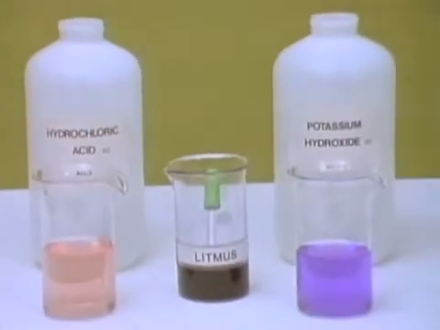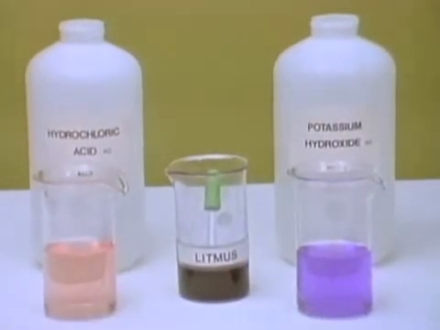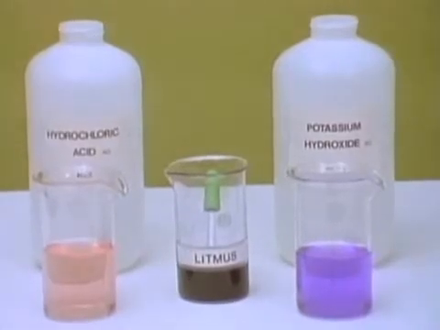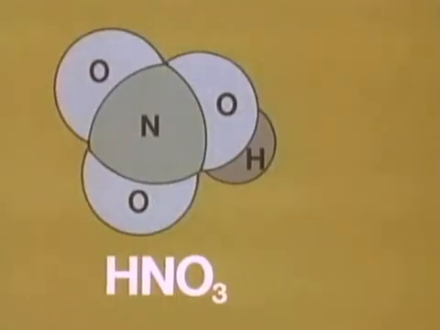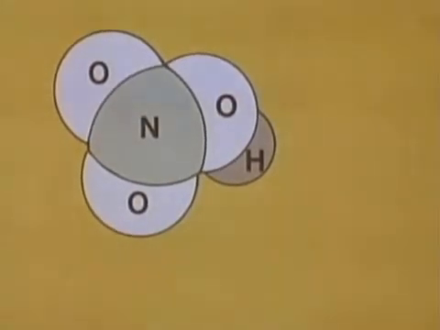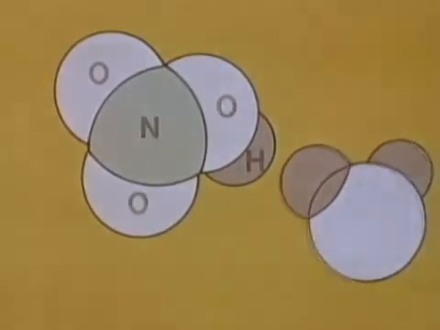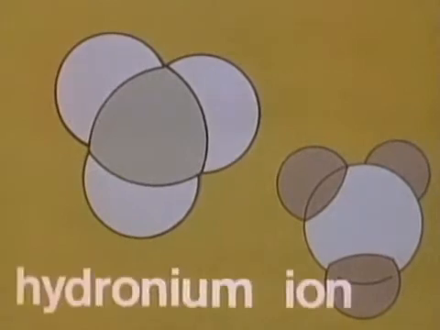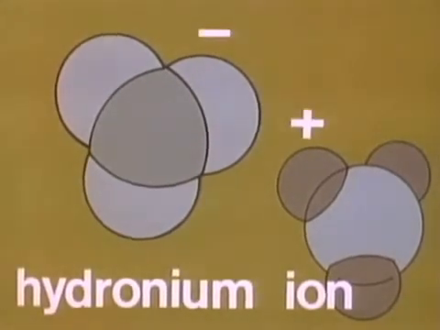Underlying this effect on indicators is an ionic difference between acids and bases when they're in solution. Most acids contain hydrogen. We can see this in their formulas. When a molecule of such an acid dissolves, it loses an H+ ion to a water molecule. This water molecule becomes a hydronium ion with a positive charge.